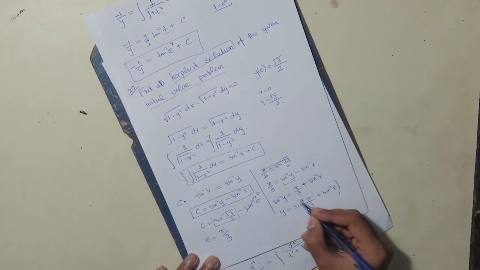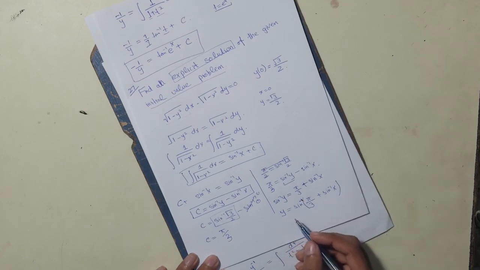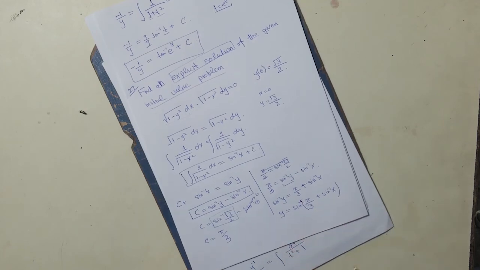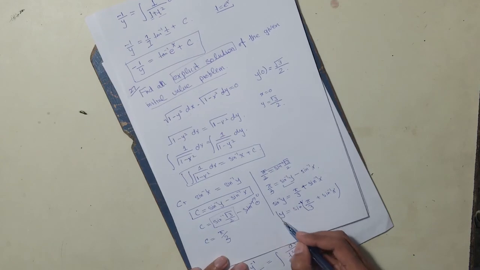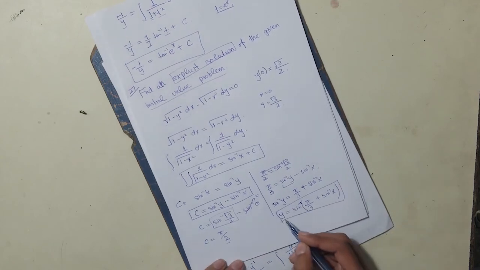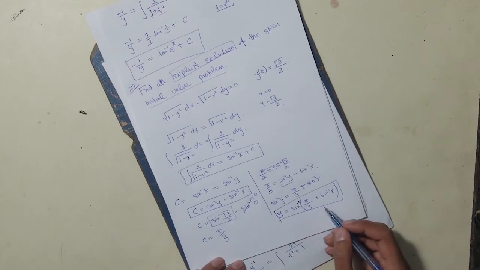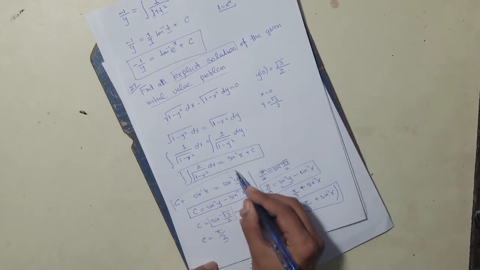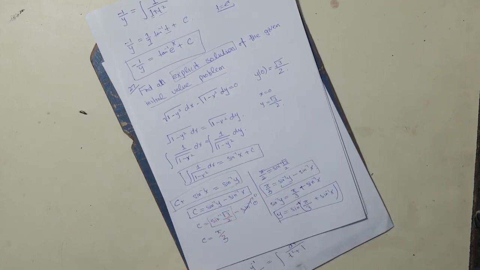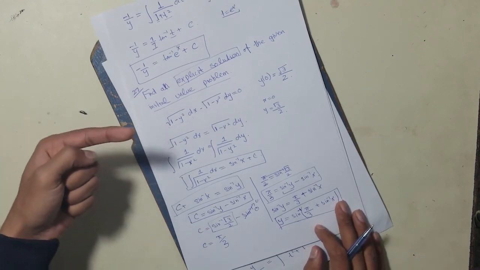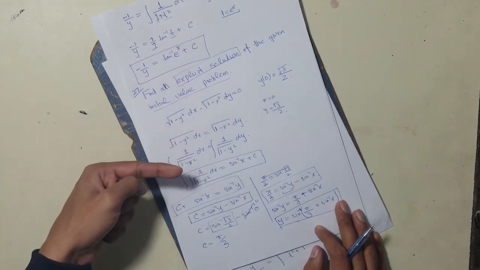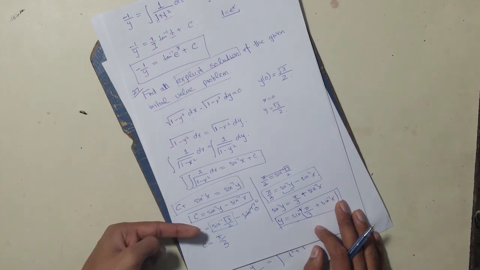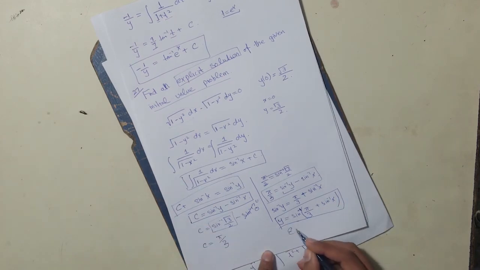Explicit solution means you have to separate x and y. So I have separated the y, and this is our explicit solution. This is the solution of the initial value problem, and this is the solution of the differential equation. So what we have to do first is separate the variables, then integrate, then find the arbitrary constant, and then find the explicit solution.